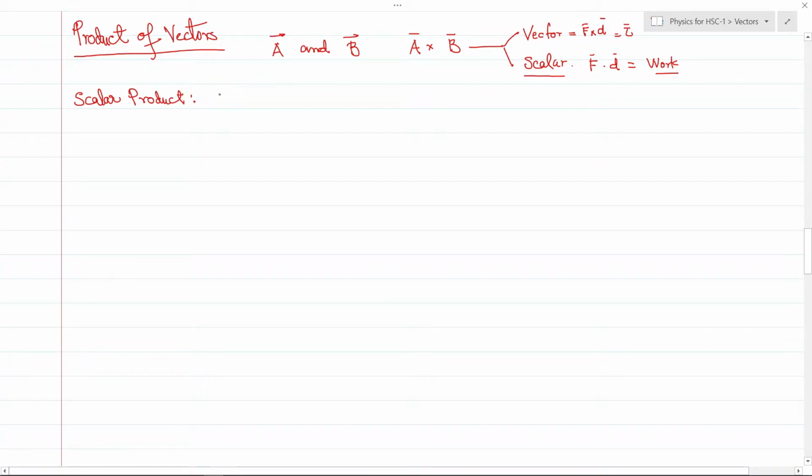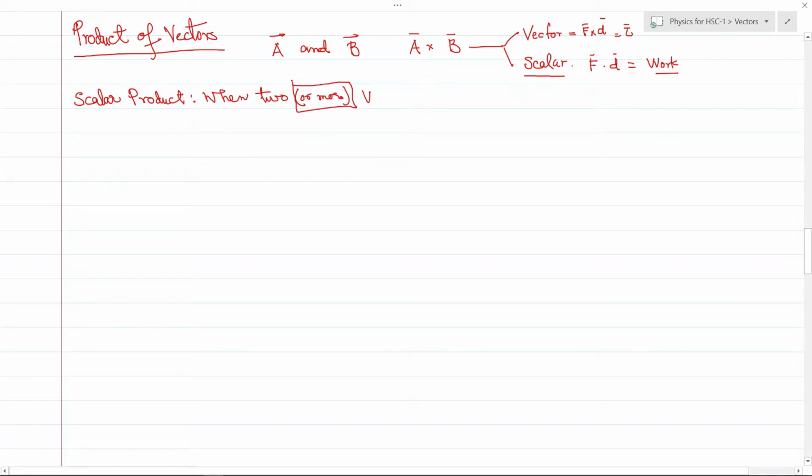So a scalar product means when two or more, we are not discussing more vectors now for the time being, so that's why I put it in parenthesis.